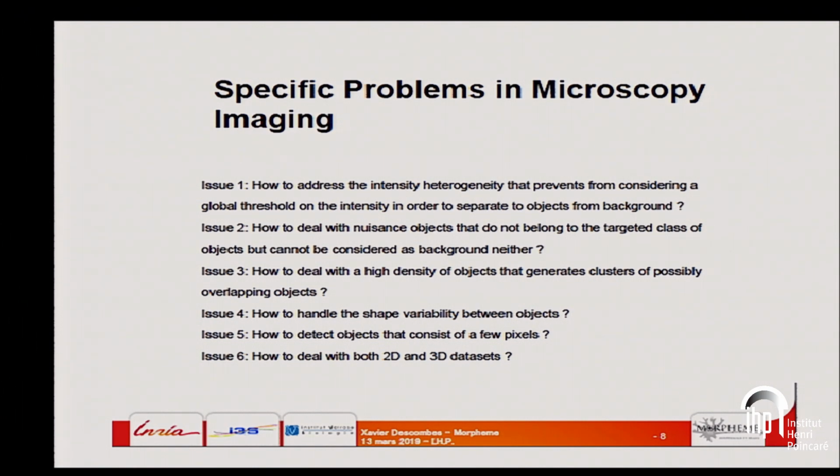And in some applications, you have very tiny objects. For instance, as Charles showed with some spots, you can have some vesicles within cells. And even if you have a very high resolution microscope, usually these vesicles are composed of very few pixels. So it's a problem how to address geometry when you have only a few pixels.